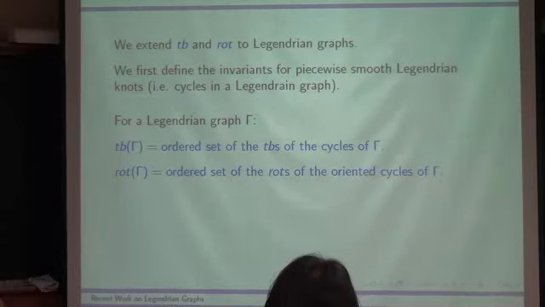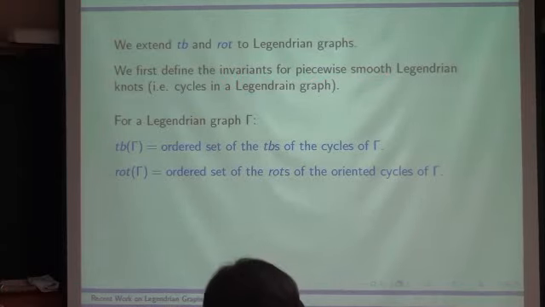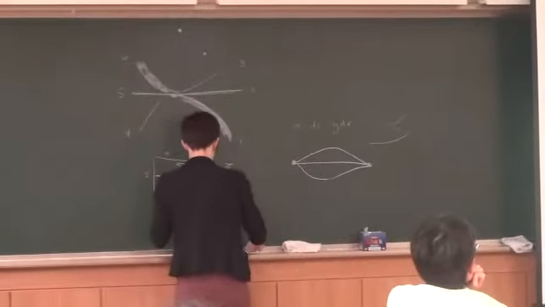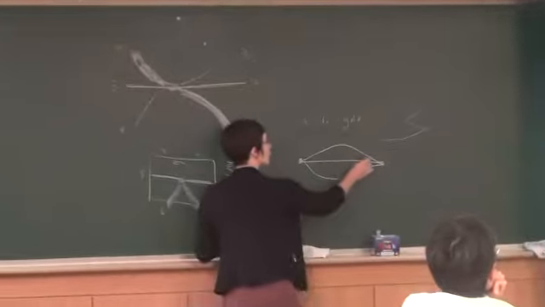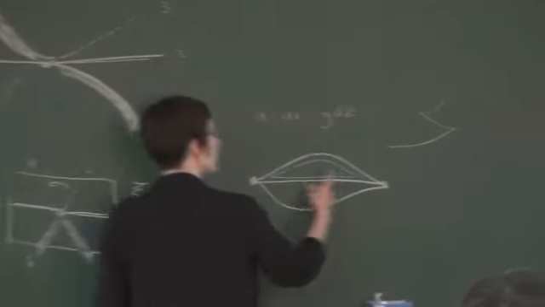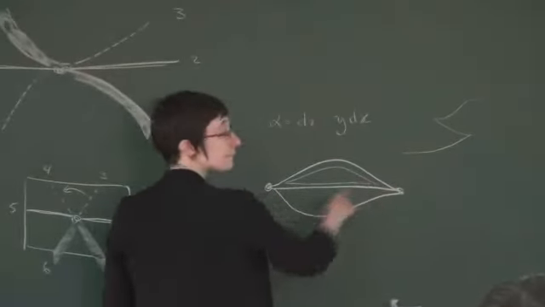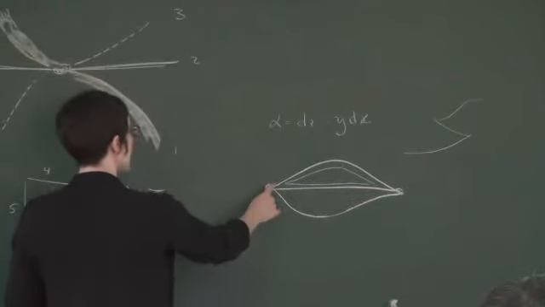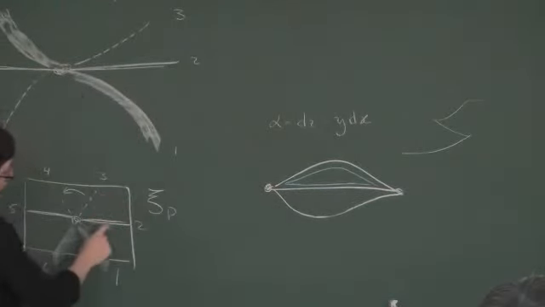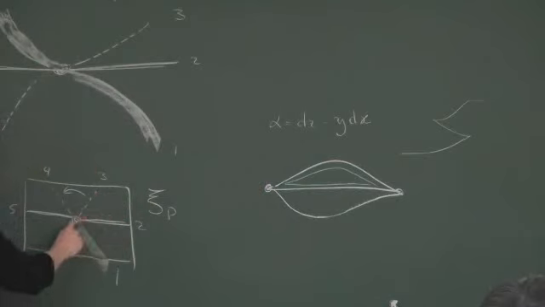They're only going to be piecewise smooth. Because if I have my graph and I look at one of these cycles, say this cycle here, at the vertex it has something like this happening. So it has a point where it's not actually smooth.